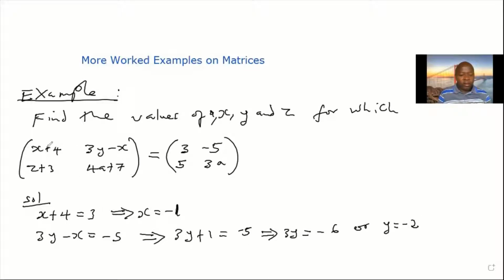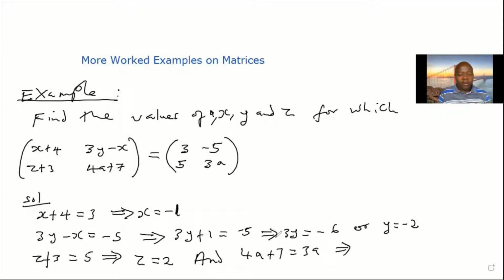Now, the next elements: z plus 3 should be equal to 5, and this would mean that z will be 2. And what about this one? We've been told that 4a plus 7 is 3a.